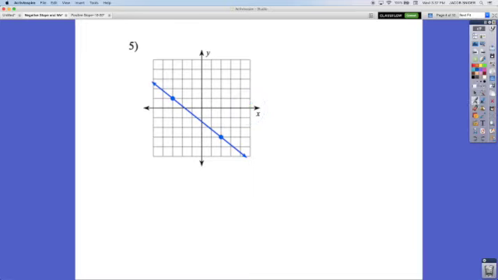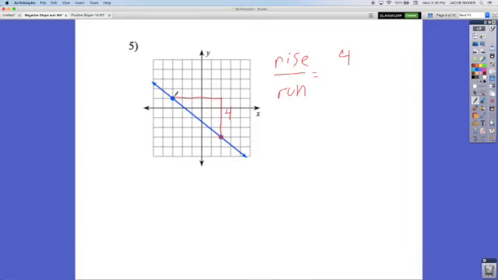Now, when I do this, I always like to think about going up. I always think of rise as going up. So as I rise here, I'm going to start with this bottom point this time. Rise, 1, 2, 3, 4. So that's no big deal. I went up. I haven't done anything different yet. But now this time, I'm going to go to the left. 1, 2, 3, 4, 5.